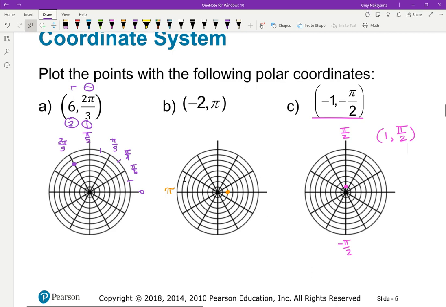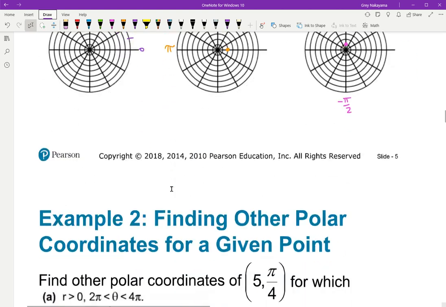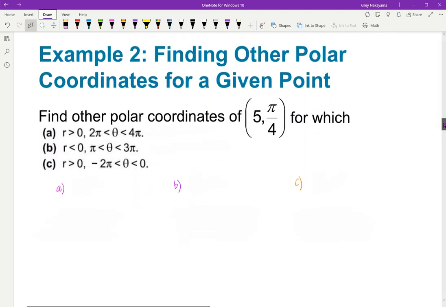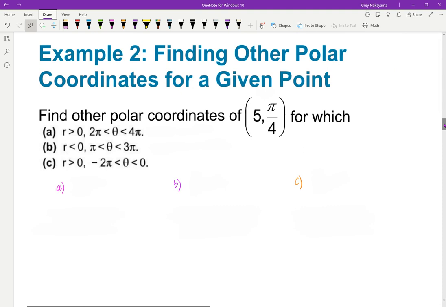So another name for this guy here, I was facing pi and I walked backwards 2. Well, if I wanted to walk forwards 2, then I would be facing 0. So that's another name for that point. Okay? And that's part of what you have to be able to do, is be able to change coordinates, because there are an infinite set of points, because you can go around the circle an infinite number of times.